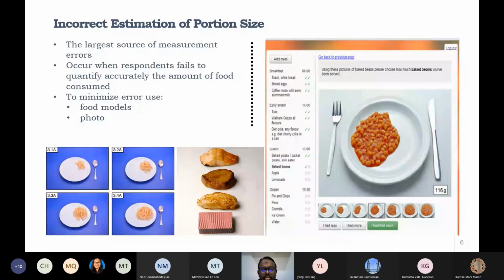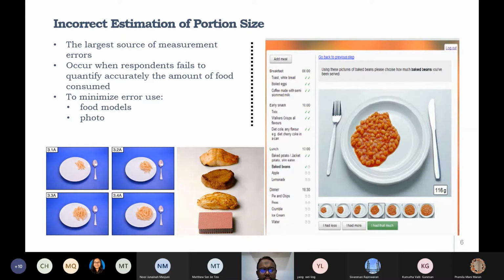The third one is incorrect estimation of portion size. This is the largest source of measurement errors. In fact, if you see even the National Food Survey, the Malaysian Adult Nutrition Survey, we can't believe that Malaysians are consuming 1,600 calories, and yet half of the population is having overweight and obesity problems.